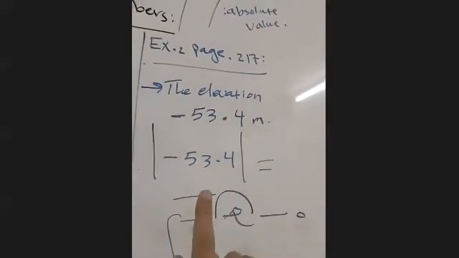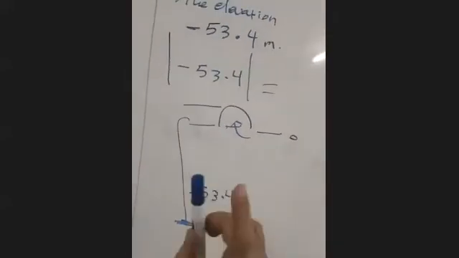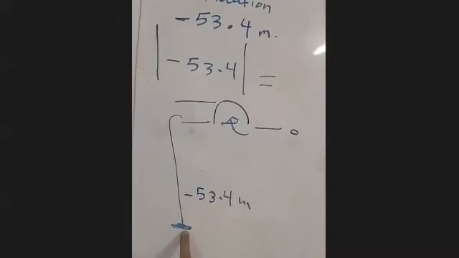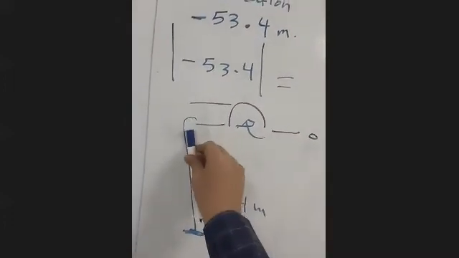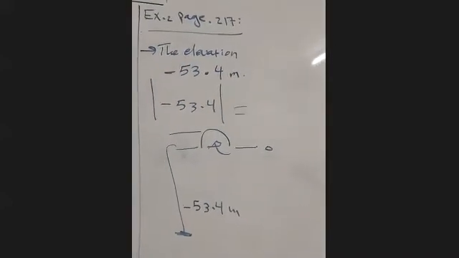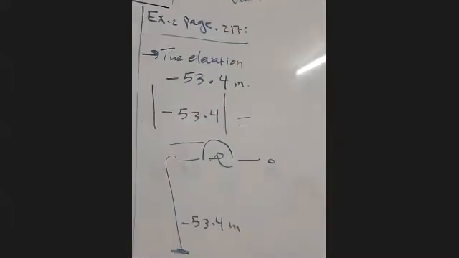Now they want the absolute value of negative 53.4, right? It means what is the distance between this point, the lowest point, and 0? This distance. What is it, Rakan? What does this equal?